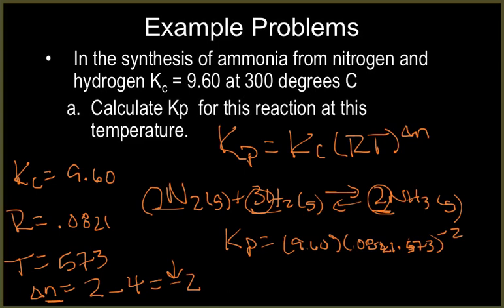So when we solve for all that, our Kp value is 4.34 times 10 to the -3rd. And again, K doesn't have units. All of those units, if we had left them in there, would cancel out.